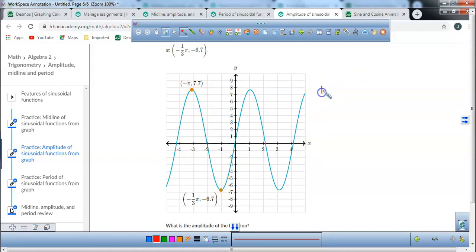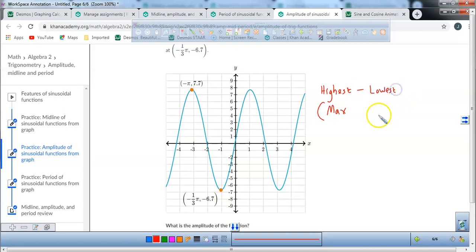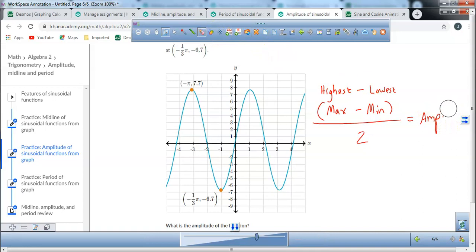So if you want to have a little formula in your journal, you could say, let's take the highest point, also known as the maximum, and take away the lowest point, the minimum, and then divide that by 2, and that will give you your amplitude. If you're a formula person that just says, give me a formula to plug it in, please. Come on, man. Just give me a formula.